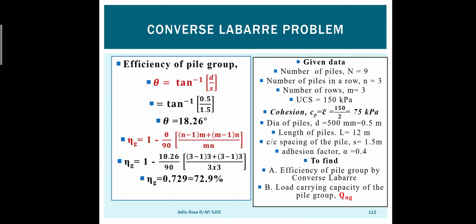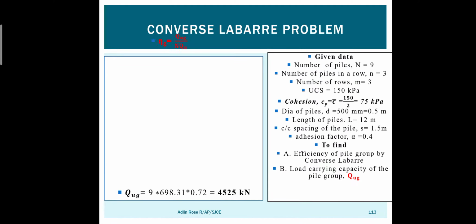So we found the first part of the question, efficiency of the pile group by Converse-Labarre formula. Now we should find the load carrying capacity of the pile group. We have a formula eta g is equal to QUG divided by n into QU.